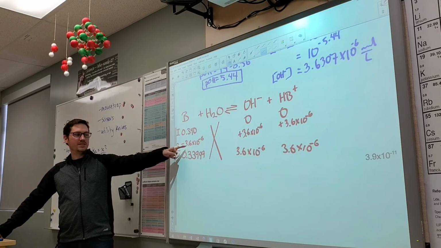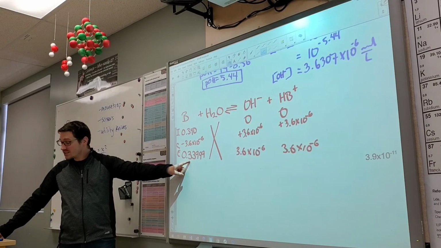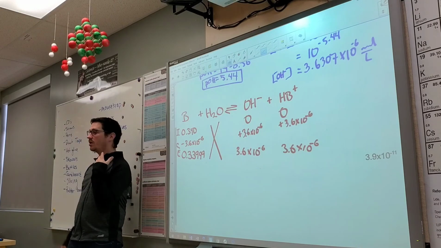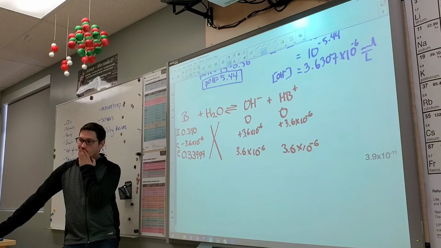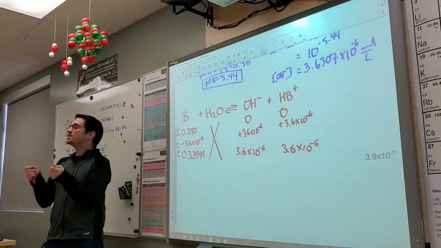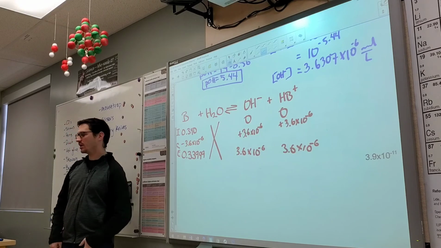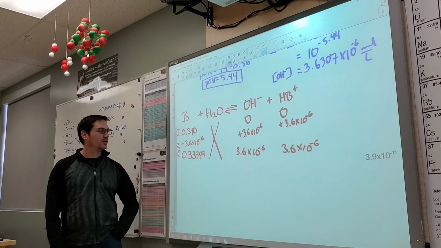This is an incredibly tiny change, but we still have to take it into account. There's no, why can't we use the approximation here? Are we using an inaccurate number anywhere right now? No, we're not. Okay, so we have to take everything into account.